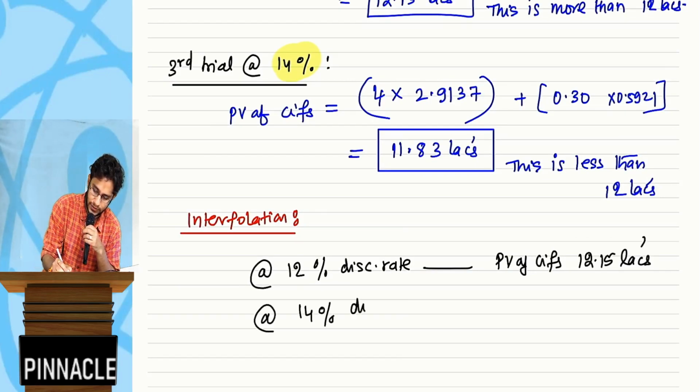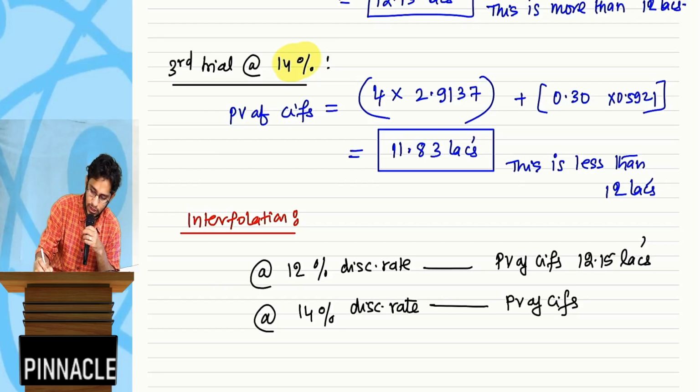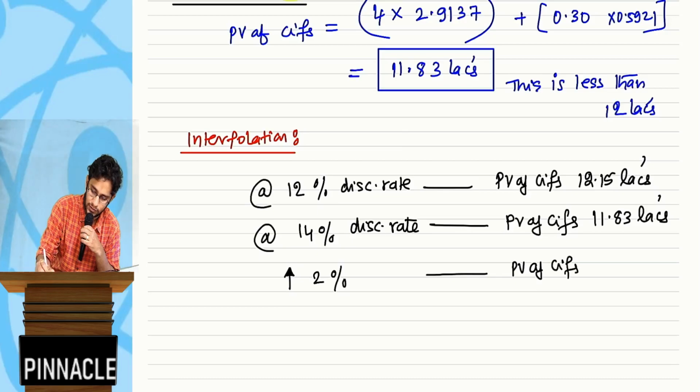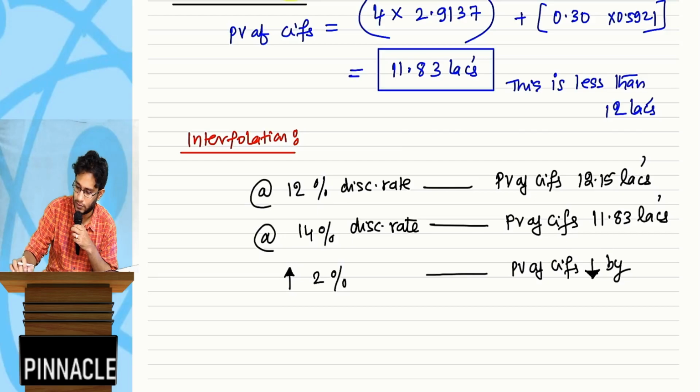At 14% discounting rate, my PV of cash inflows came down to 11.83 lakhs. Observation: for an increase of 2%, the PV of cash inflows decreased by, check the gap, 12.15 minus 11.83.